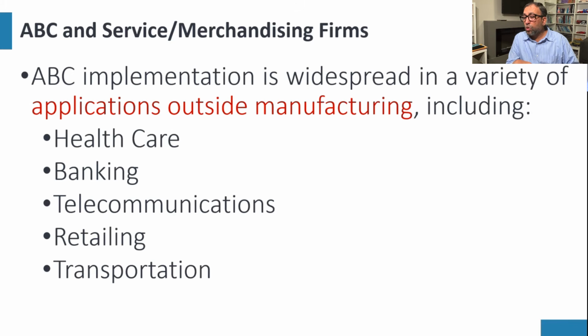It is also possible to apply this concept in services like healthcare, banking, telecommunication, retail, and transportation. ABC is a method of distributing indirect cost among different activities or different products, so that's also applicable to these types of businesses as well.